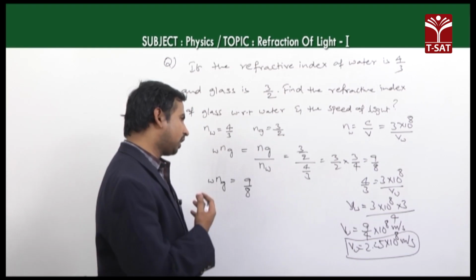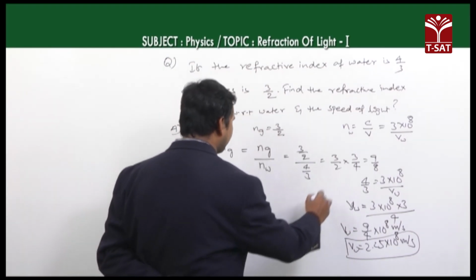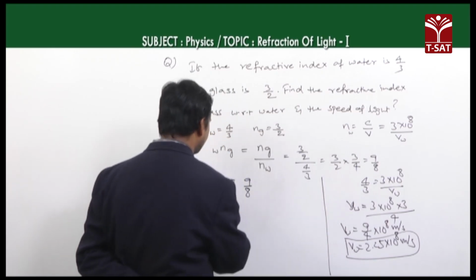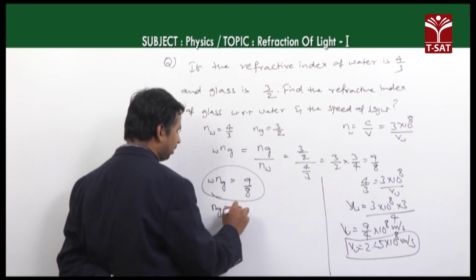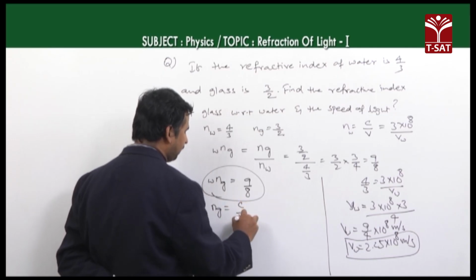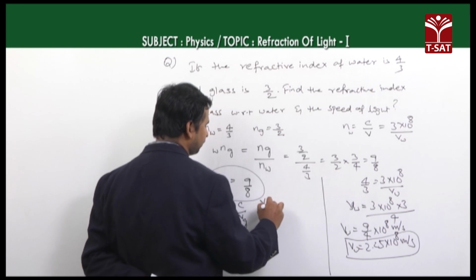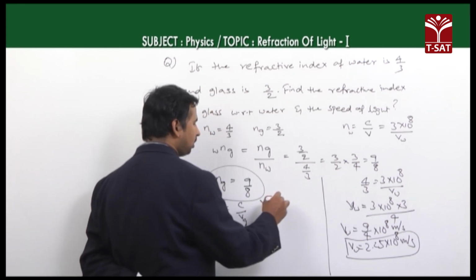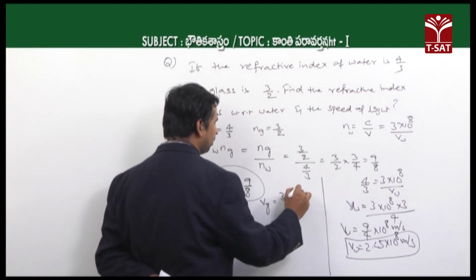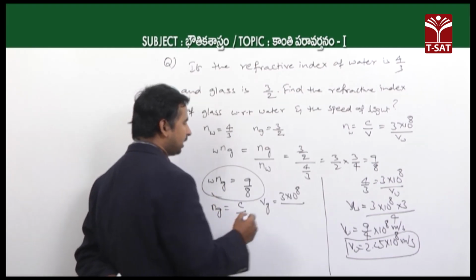Whereas if you take the case of glass, in the same way, Ng is equal to c/v, where we are finding the velocity of light in the glass. Then the velocity of light in the glass is equal to c, which is 3 into 10⁸ meter per second, by its refractive index, which is given as 3/2.